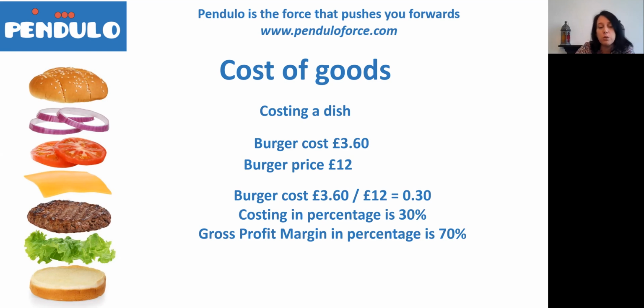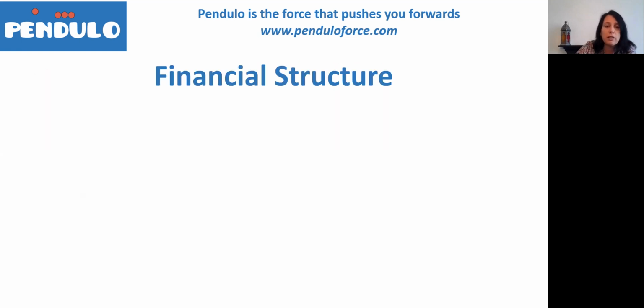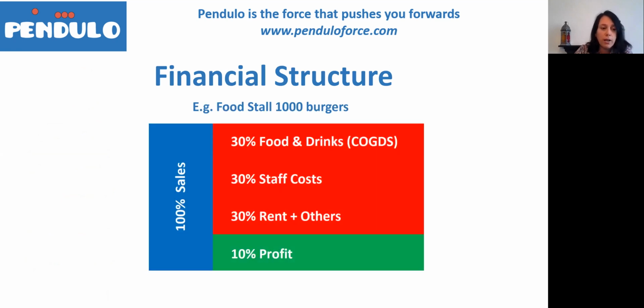And the GP would be 100% minus the 30% of the cost. So it will be 70%. You can find the formulas here just for you to see it maybe more clearly. So in our financial structure, if we only sell one product and that product has a food cost of 30%, our food cost for the whole menu is 30%.